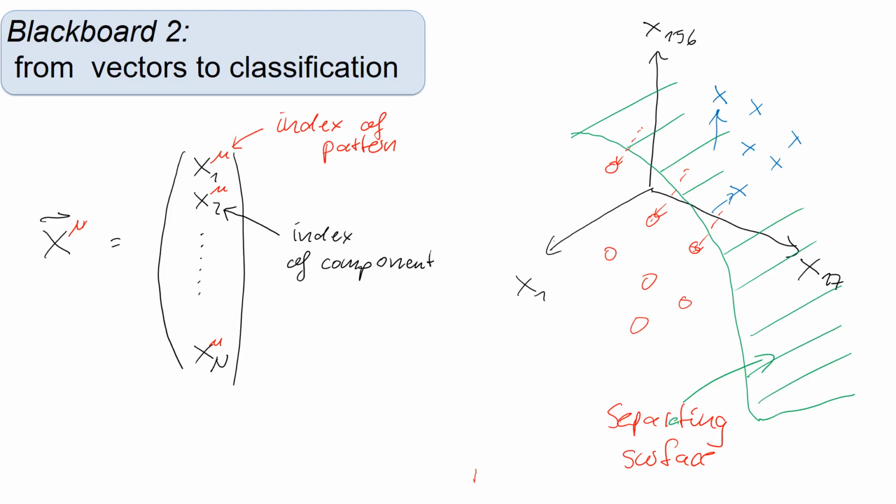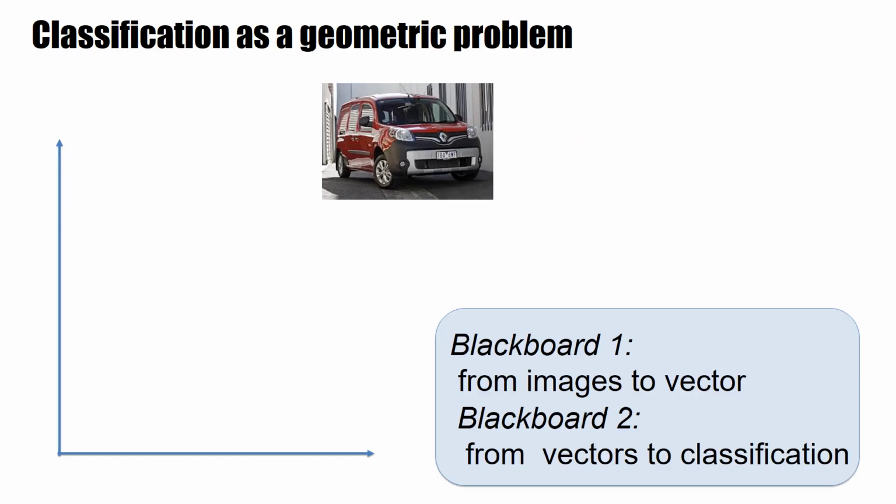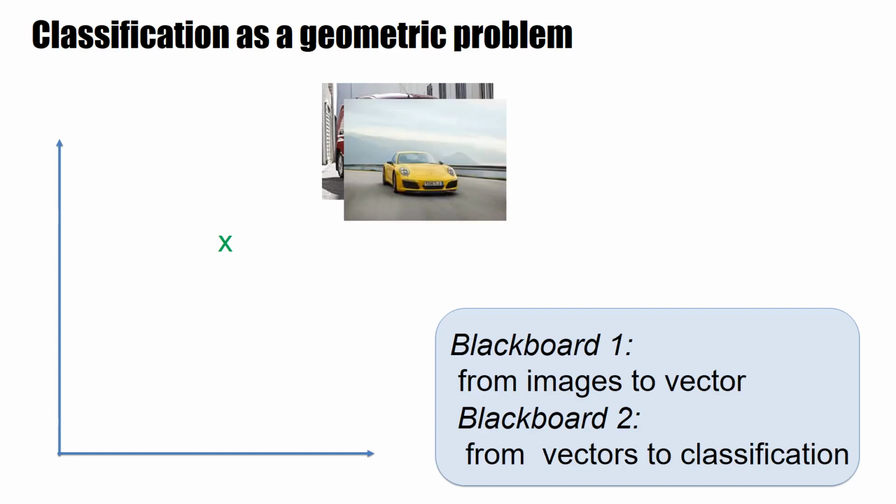And once we have this separating surface, we are done with the problem of classification. So we go from images to vectors, and then we go from vectors to classification. And if I don't make a three-dimensional image, but if I just pick two components, then I have different examples.